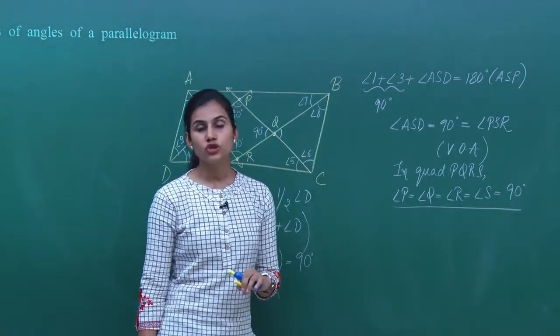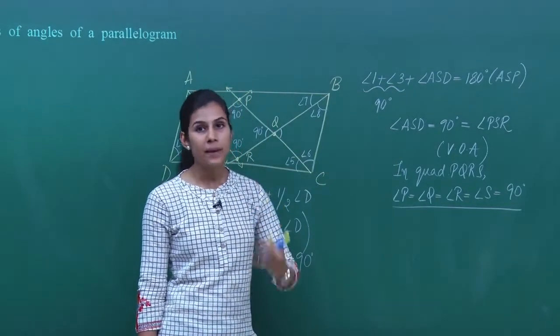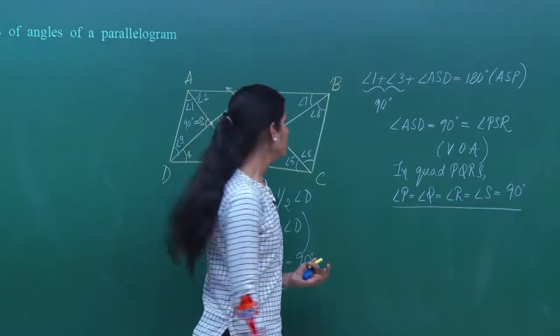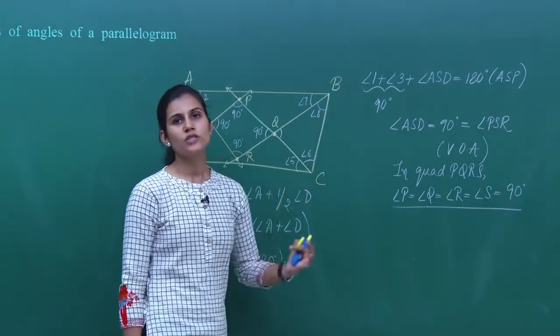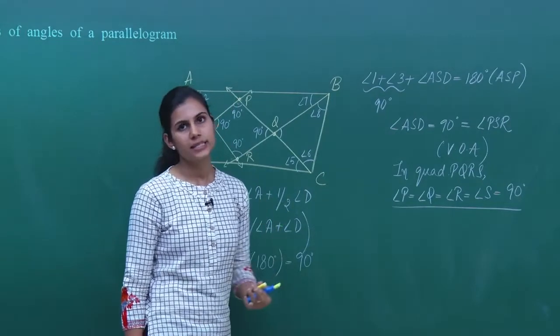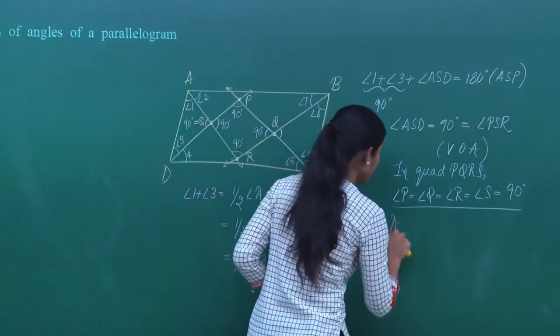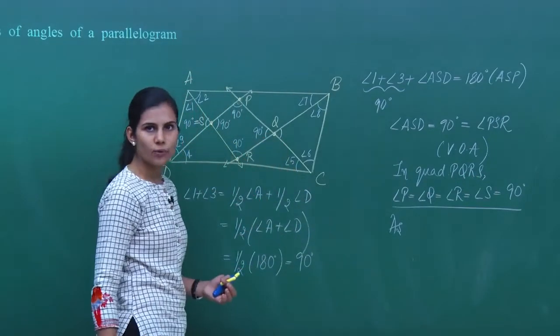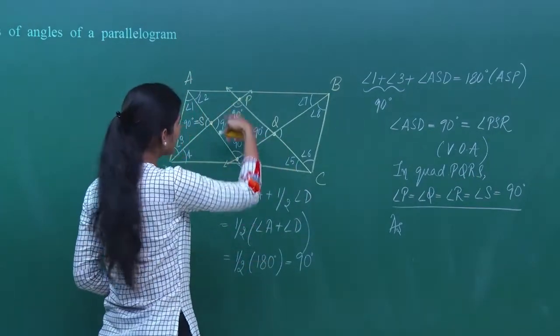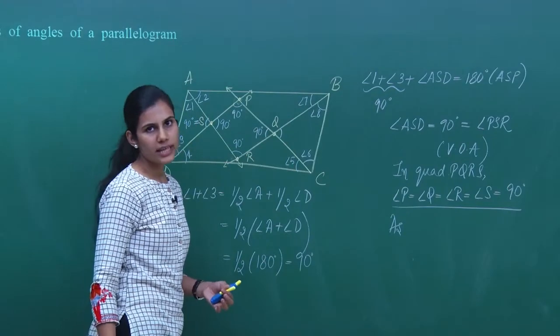For that I have to show some criteria which can help me conclude that it is a parallelogram. So I know that if in a quadrilateral both pairs of opposite angles are equal, then it's a parallelogram. So here in this PQRS, you can see angle Q is same as angle S, one pair of opposite angles are equal, angle P is equal to angle R, another pair of opposite angles are equal.